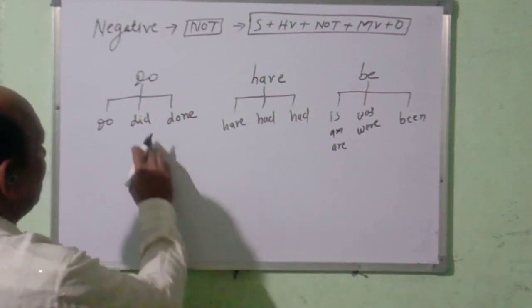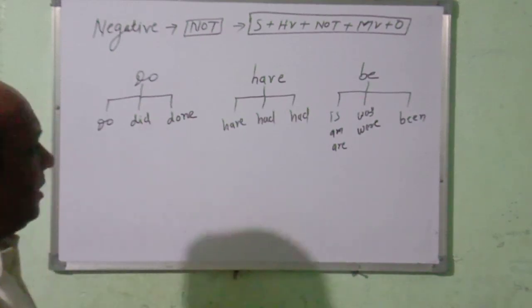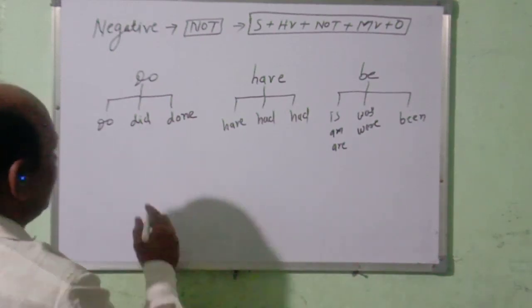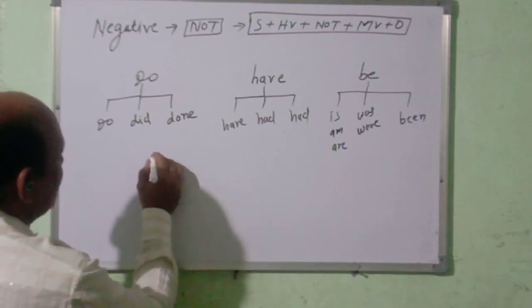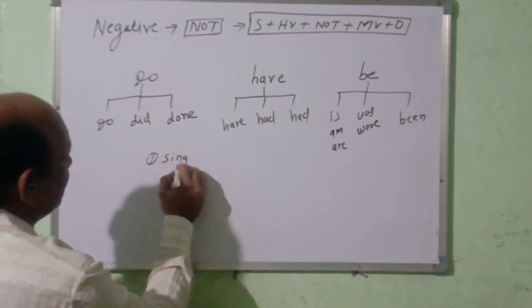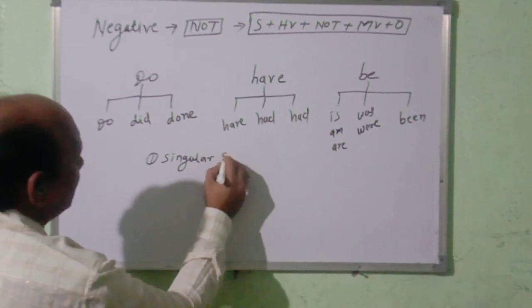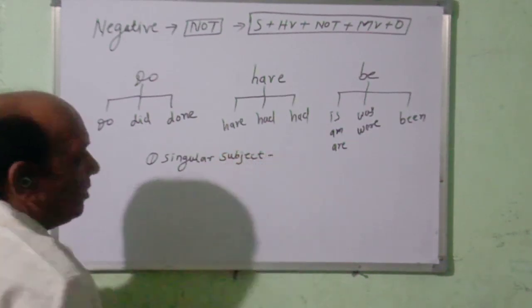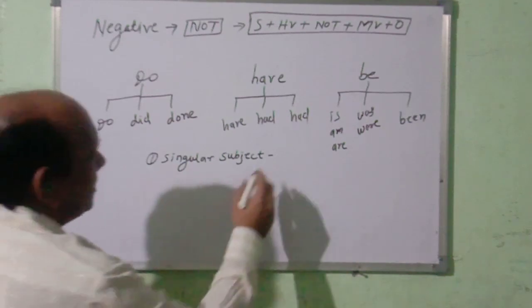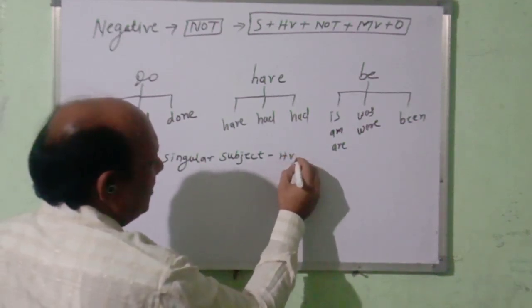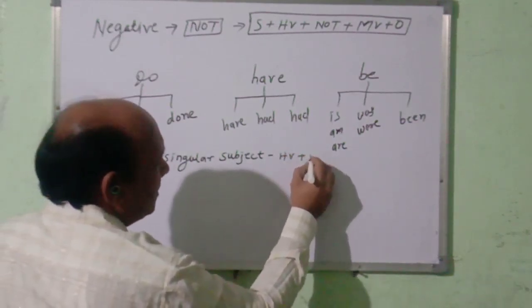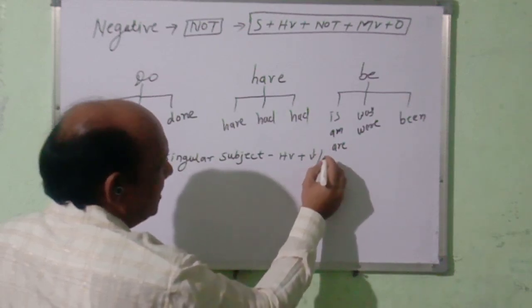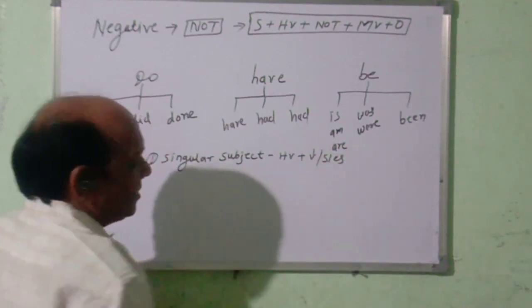So first we have to observe the rule. What is the rule for creating the sentence? For the singular subject, we have to use helping verb plus V1 plus S or ES.